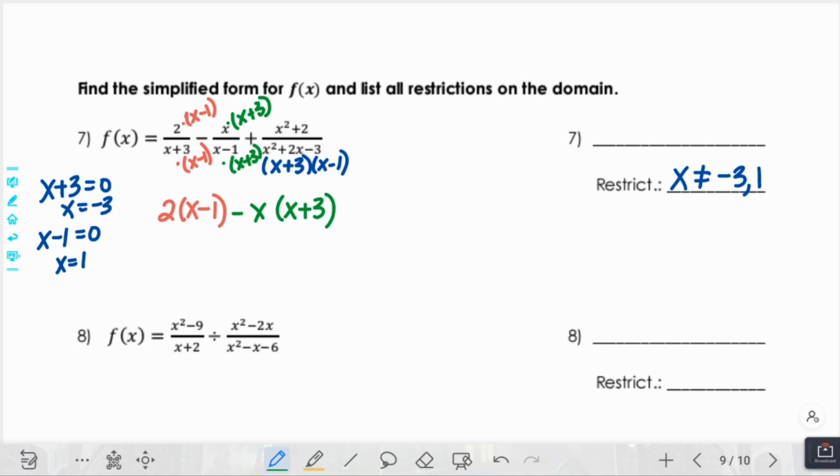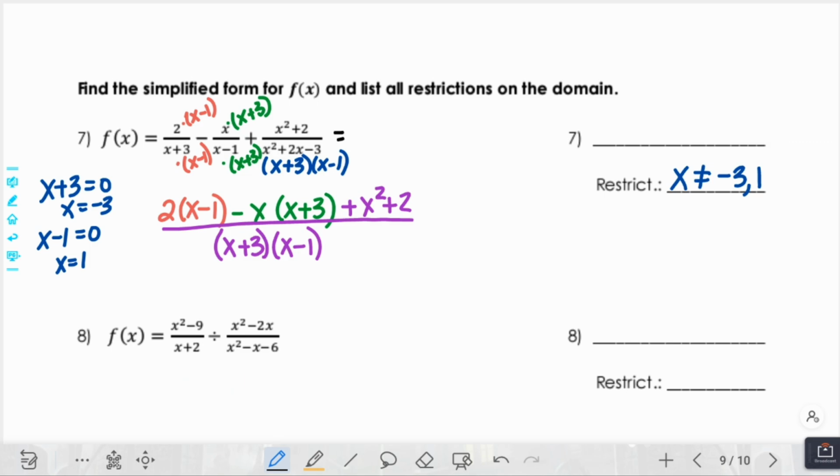And then for my last one, that fraction already has both factors in the denominator, so we don't have to change anything. We just put plus x squared plus 2. All of this is over the common denominator, x plus 3 times x minus 1. Now we go through, distribute, and clean it up, whatever we need to do from there.